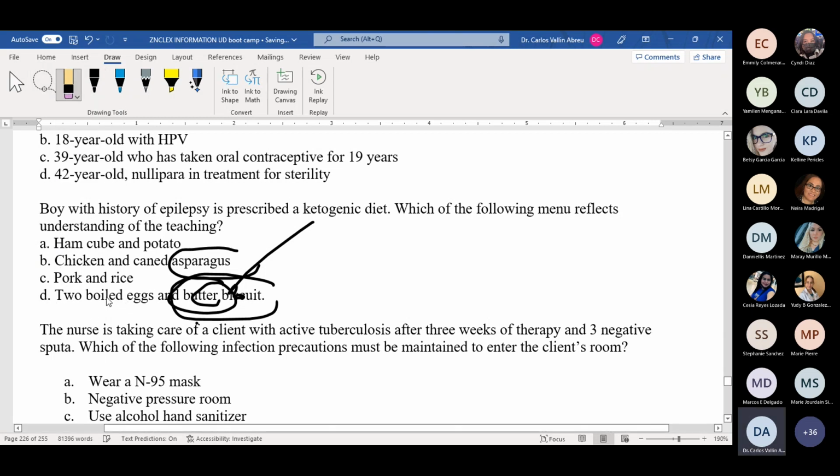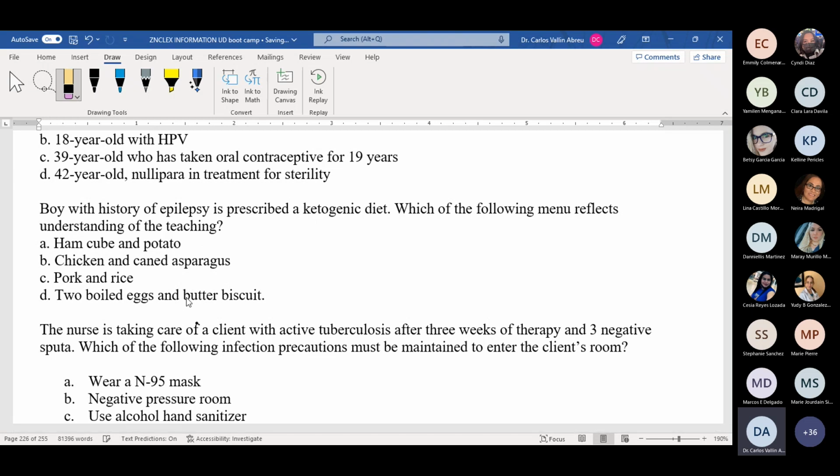But when I compare the content of fat, remember what makes the ketone bodies are the proteins and the fats, but especially the fats. For that reason, if I need to decide between asparagus and the biscuit, they both are carbohydrate. Which one has more fat, the asparagus or the biscuit? The biscuit.